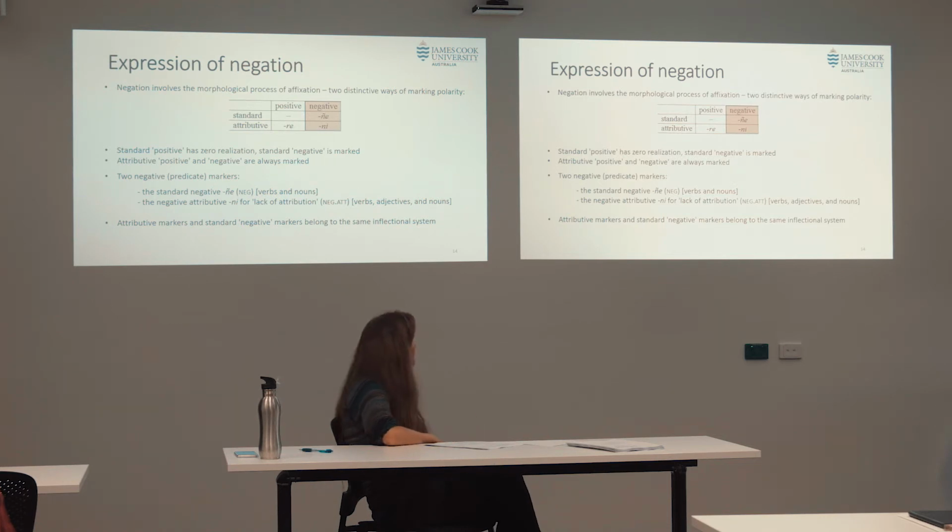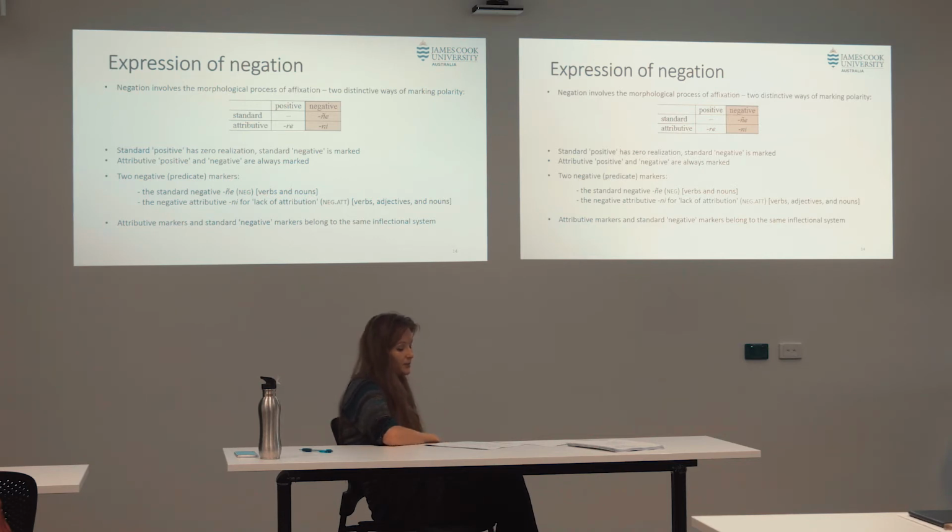So in Murui, negation involves the morphological process of affixation, where the negative markers are added to a corresponding positive. We have here a table that shows that there are 2 distinctive ways of marking a predicate for positive and negative values: the standard and the attributive marking.